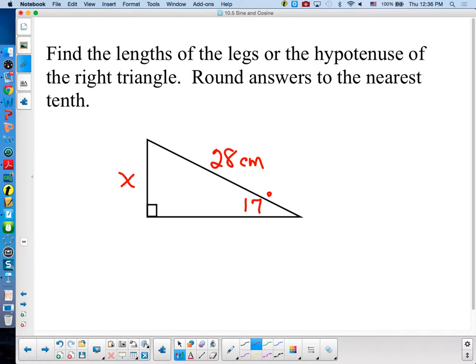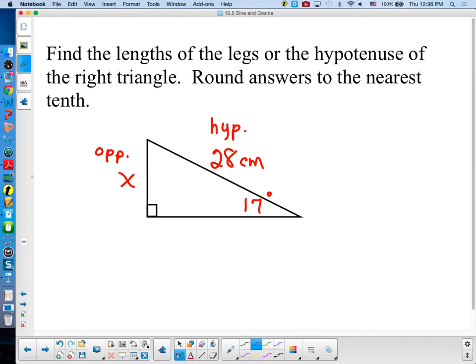That's very close to what we were doing yesterday, but it's not always tangent. We have to figure out how you know whether it's tangent, sine, or cosine. It depends what sides you're using. The side that we want, if I use the 17-degree angle, is the opposite leg. The one that I know is the hypotenuse.